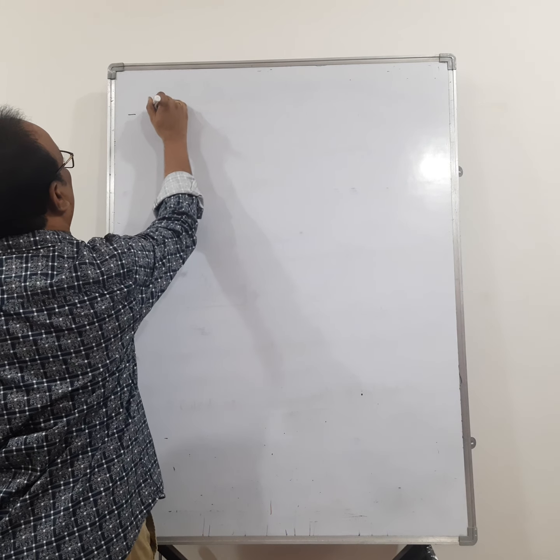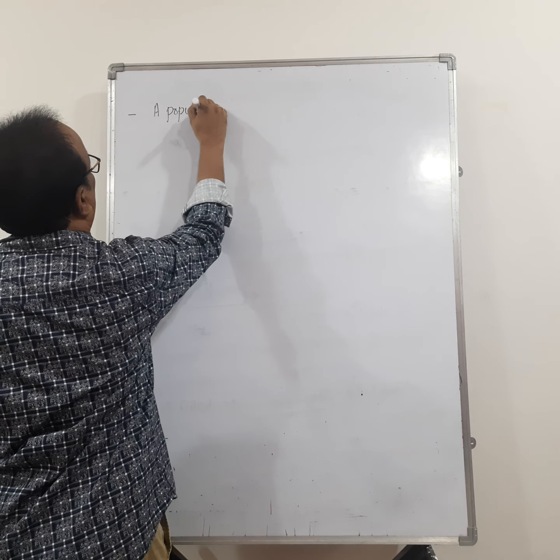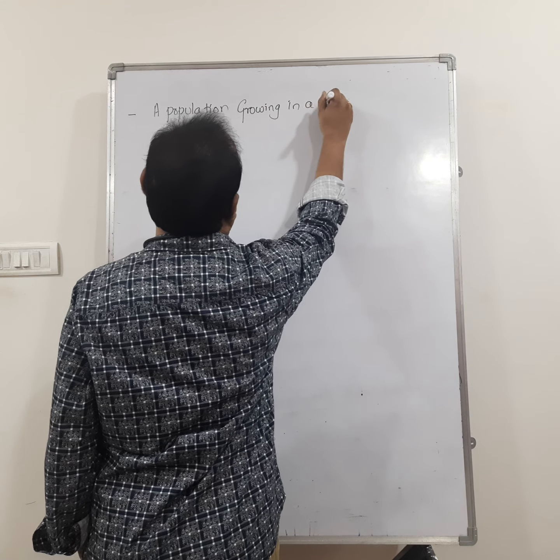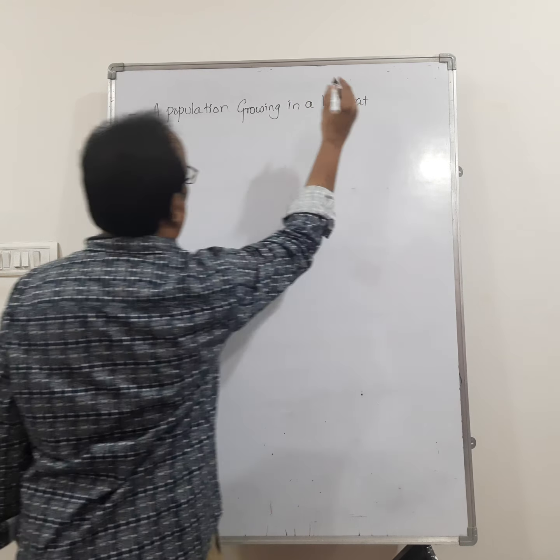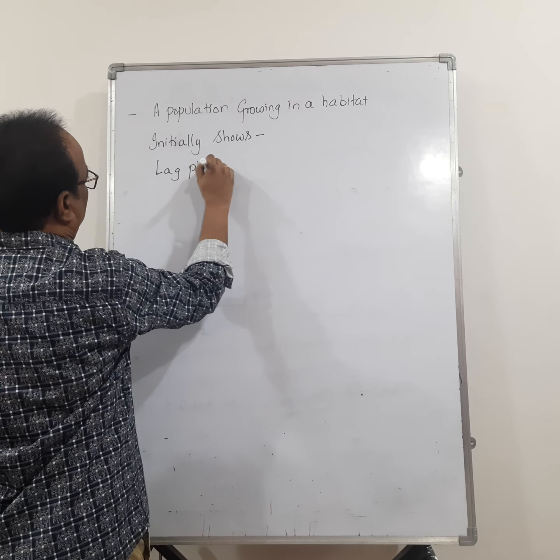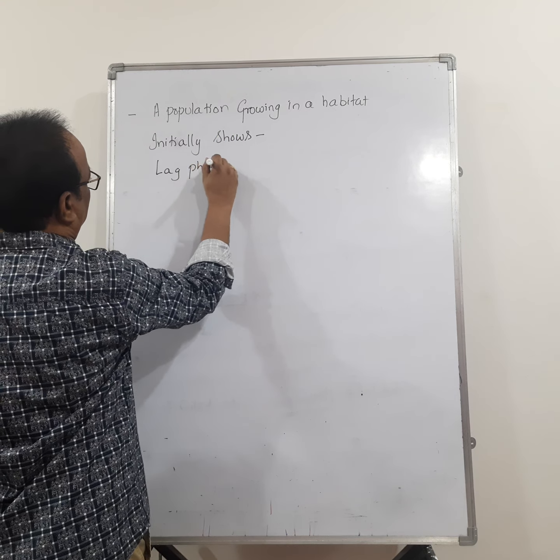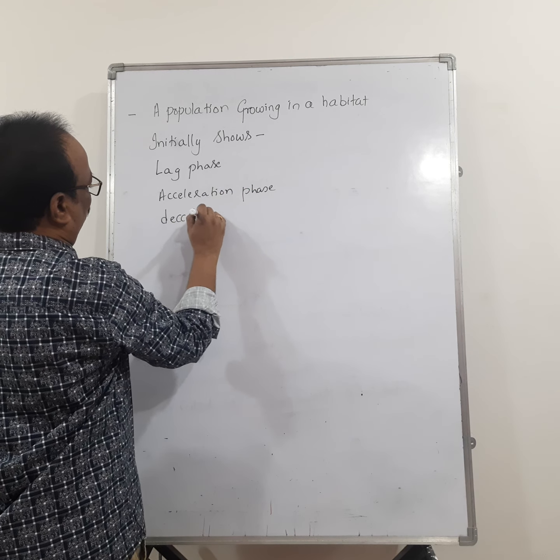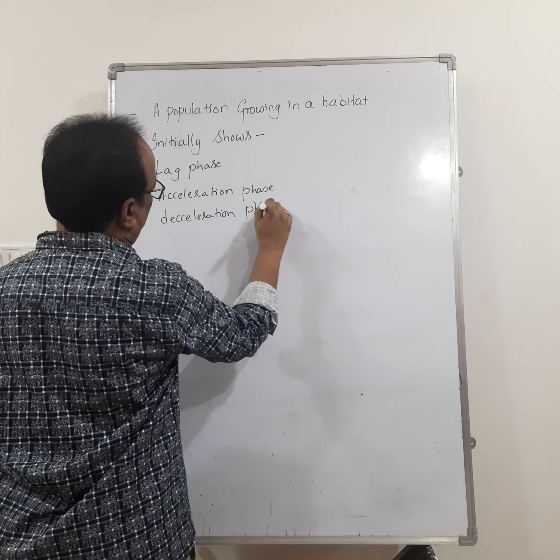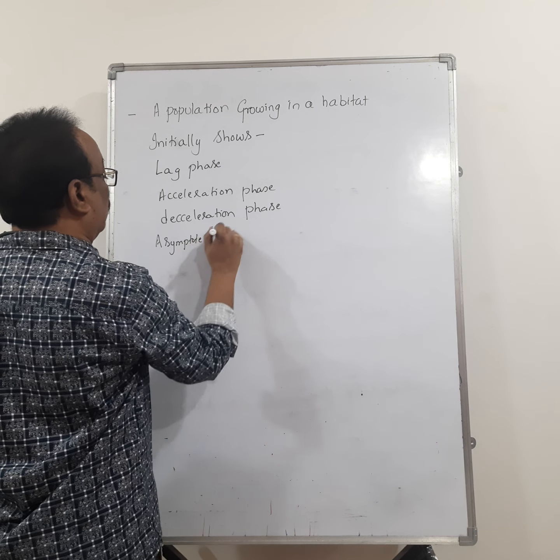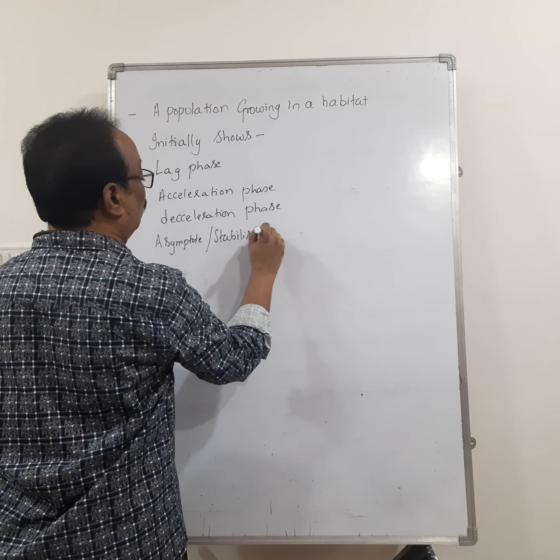Now let us go for the next one, the logistic growth definition. You see here, a population growing in a habitat initially shows a lag phase, acceleration phase, deceleration phase, and asymptote or stabilizing phase.